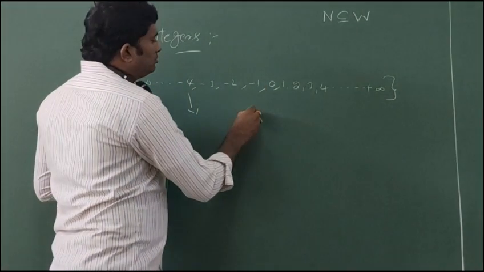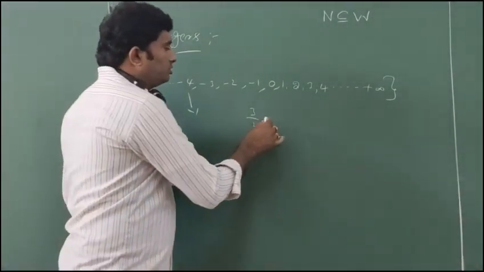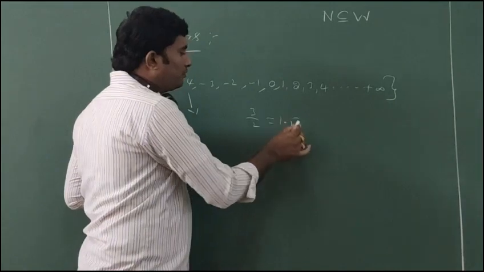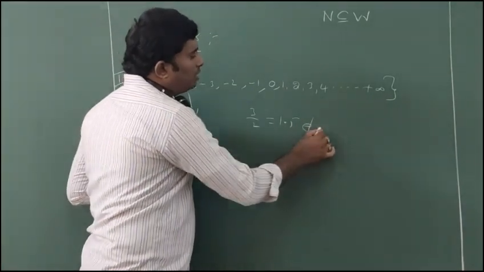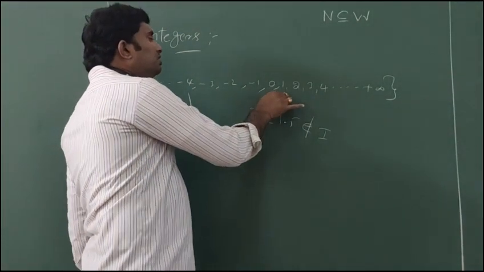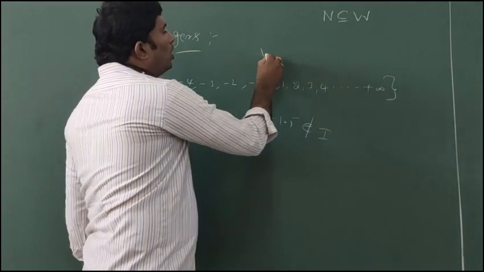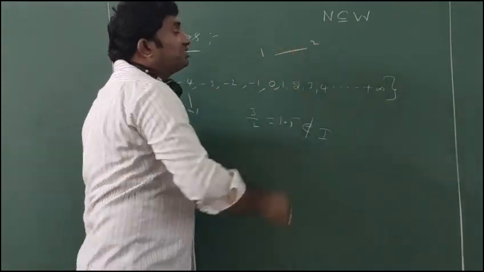I write 3 by 2. Is this 3 by 2 an integer? What is 3 by 2? It is 1.5. 1.5 does not belong to the integer set. It is not an integer. 1 is an integer, the next integer is 2, the next integer is 3. But between 1 and 2, how many numbers exist?